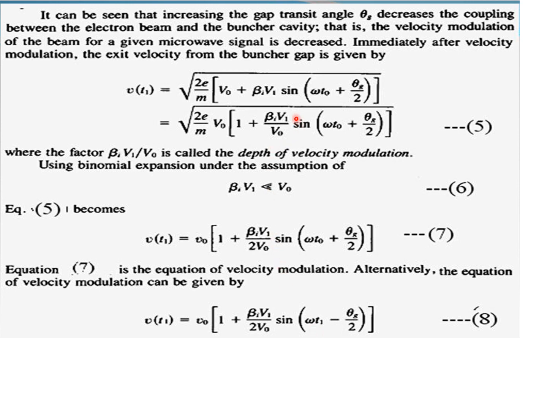Here, this particular term, beta I V1 by V0, represents the depth of velocity modulation. So this is the velocity modulation equation, and we have explained here the velocity modulation which takes place in a two cavity klystron amplifier.